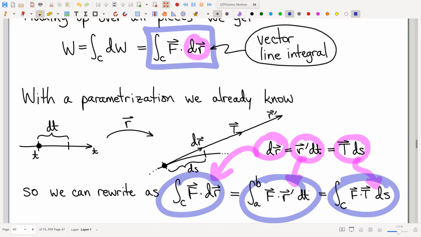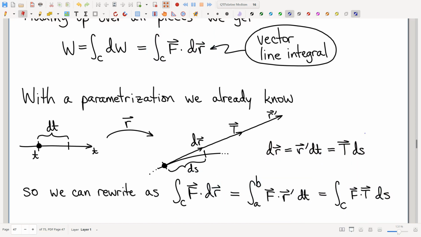So all three of these expressions down here are really saying the same thing, just written with different notations, in terms of different players related to the parameterization. How are we doing? Does that seem reasonable? All right. Okay, all three of these are good.